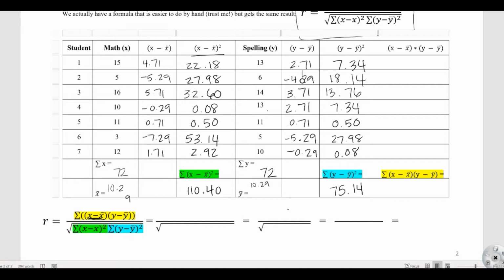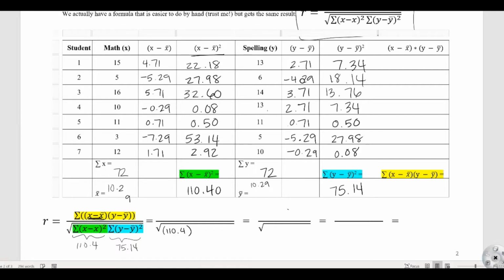So next up, we've got those. So this last column, if you look, we've now got the green part. So we've got this guy, which is the 110.4. We got this guy, the sum of those squared deviations, which is going to be 75.14. So I may as well put those in here since I already have them.